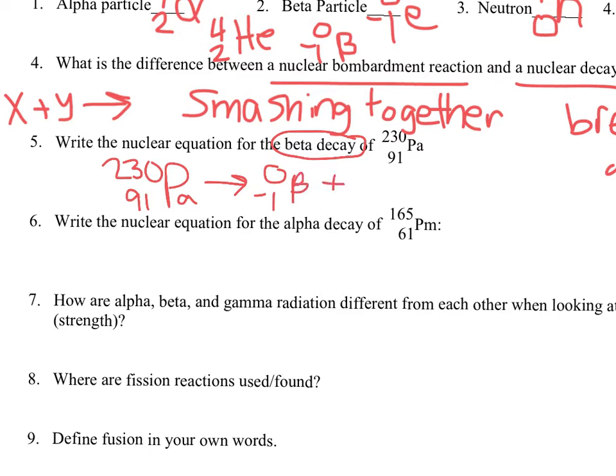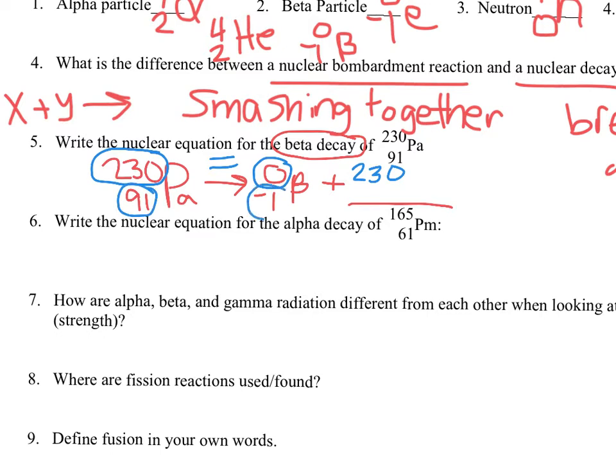But if you notice, that's not going to balance everything out, the numbers on top and bottom. So there must be one other thing that's given off. So if we start balancing that, remember that on the left side of the arrow is 230. Remember, the arrow is almost like an equal sign. So what plus 0 gives you 230? It's going to be 230. Now on the left side of the arrow, on the bottom numbers is 91.